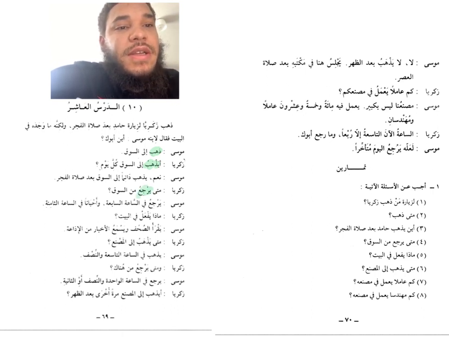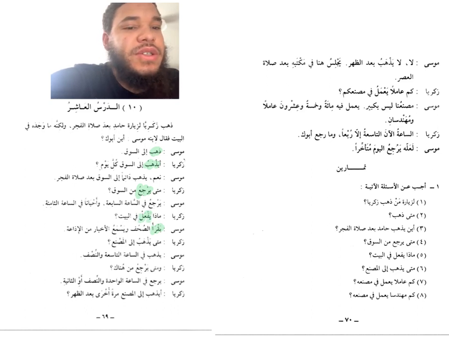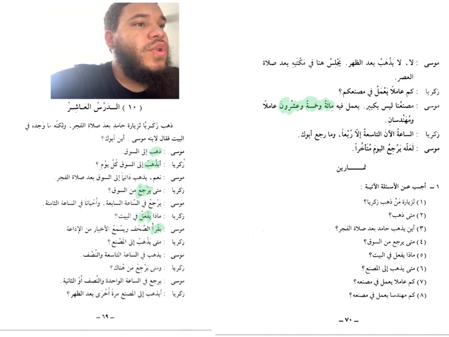As you can see, يرجع is also a present tense verb, يقرأ, يفعل, and we'll discuss these shortly. Also, what we're going to talk about today is larger numbers, like 125. These kinds of numbers we'll talk about today also in this lesson.